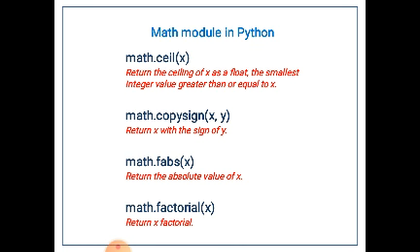Here we see a function called math.ceil(x). Ceil represents the ceiling. Ceiling means the top one. It returns the ceiling of x as a float, the smallest integer value greater than or equal to x.